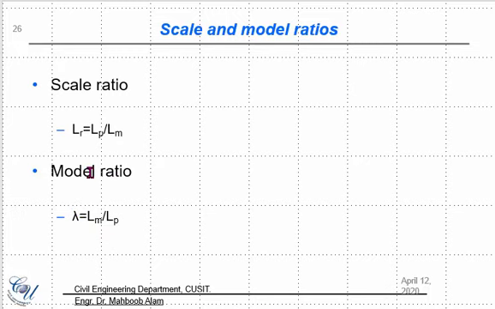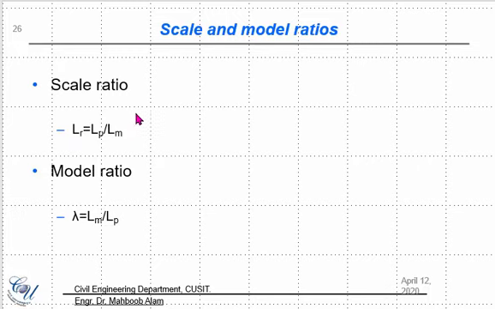Sometimes we would be looking at the velocity ratios, and we would be saying that the velocity is decreased to, let's say, 10 times less than the velocity in the prototype. Then our scale ratio would obviously be 10, because 10 is the velocity in the prototype, 1 is the velocity in the model. So in that case it would be Vp divided by Vm, 10 divided by 1, and that would be equal to Vr, that is the scale ratio of the velocity.